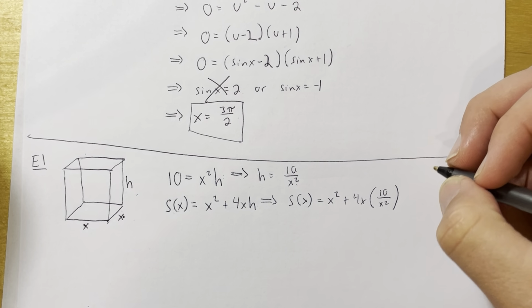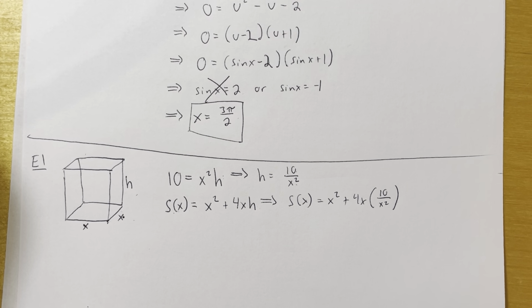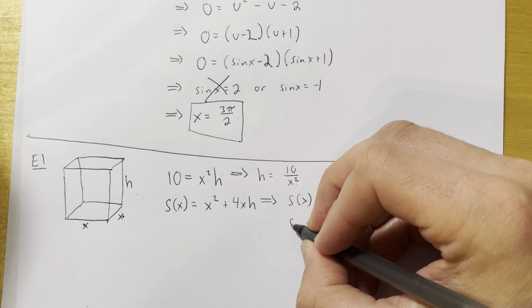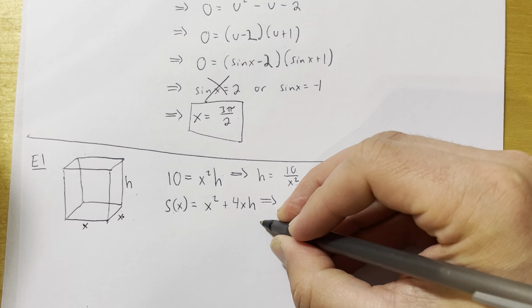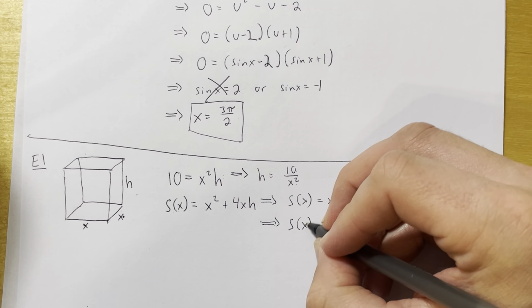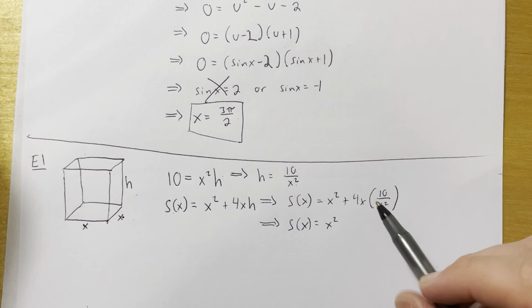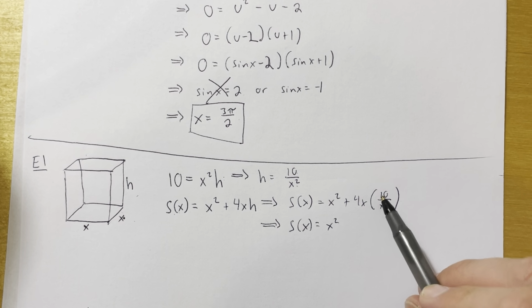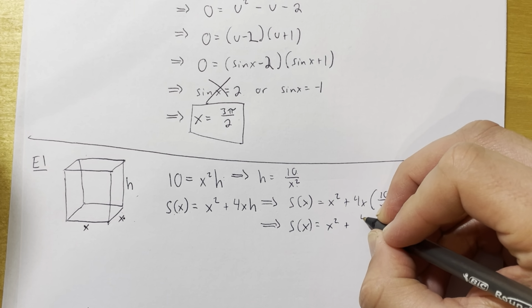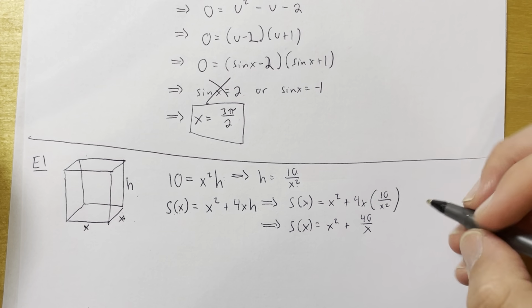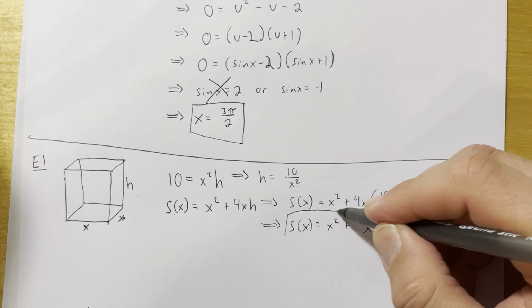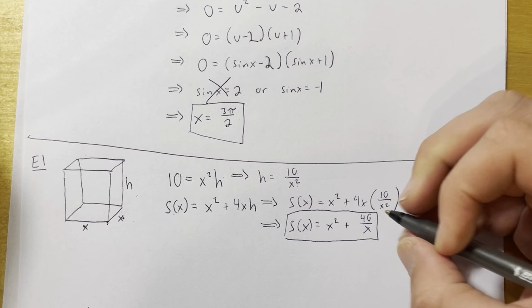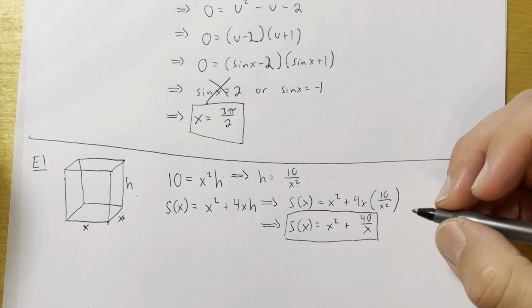And technically I could leave it that way, but it's not simplified, so it's better to do a little bit of work simplifying it. S of x is equal to x squared. This x will cancel with one of those x's, giving me an x in the denominator. 4 times 10 is 40, so I have 40 over x. That's a simpler version of that function. Okay? Now again, just to remind ourselves of what we just found.